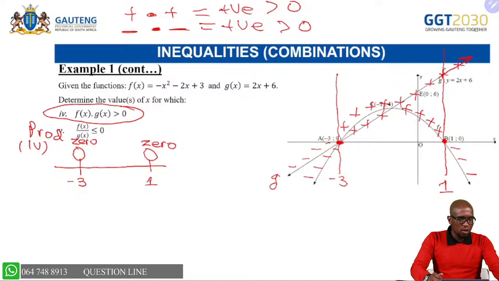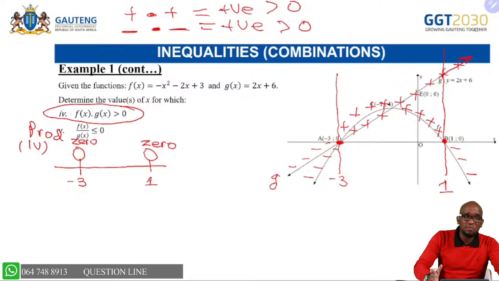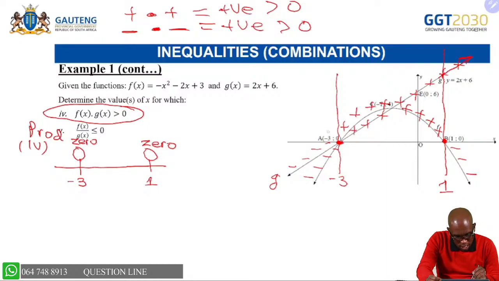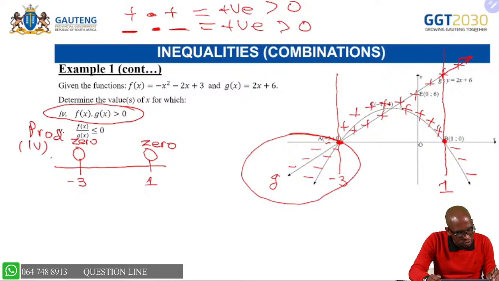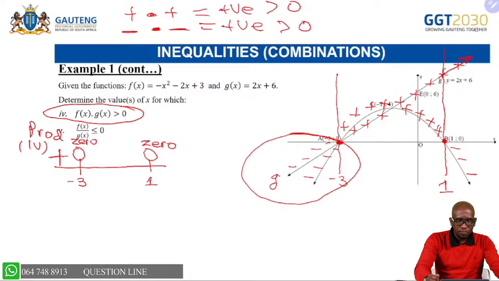Now, let's check from minus infinity to minus 3. We need to check what the product would be in this region. g is negative and f is also negative. Both graphs are negative, and negative multiplied by negative gives you a positive. So it's positive this side.